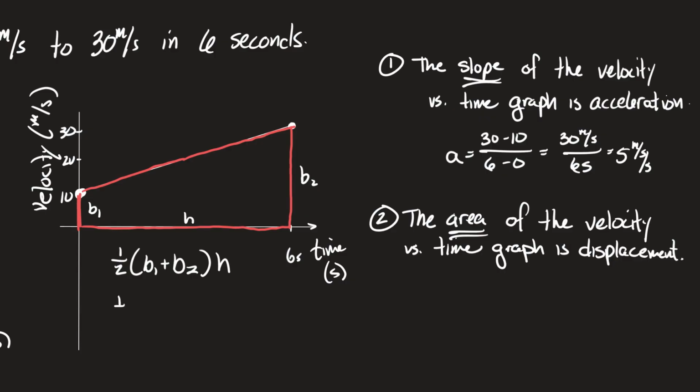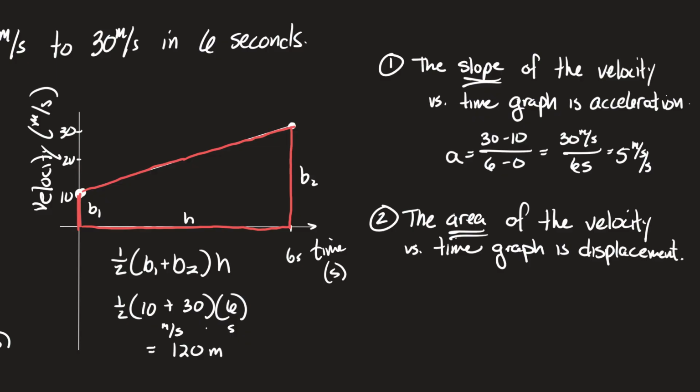So 1/2, base 1 is 10 meters per second, base 2 is 30 meters per second, and our height is 6 seconds. So 10 plus 30 is 40, half of 40 is 20, 20 times 6 is 120, and this is meters per second times seconds, so this would be 120 meters.